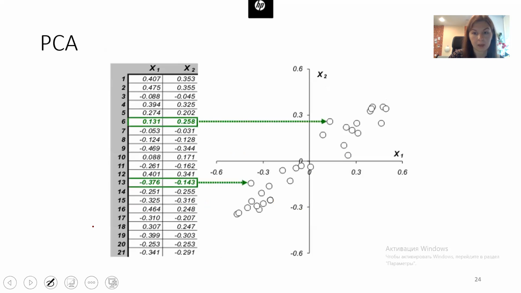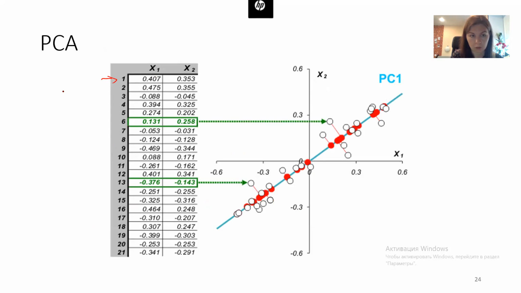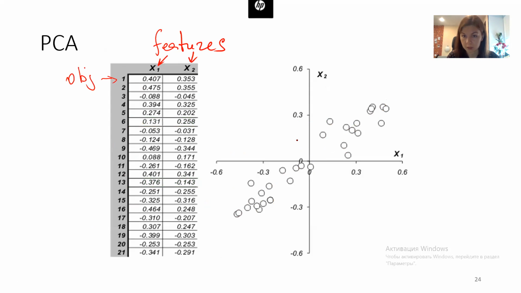And actually, some visualization. So you have your dataset where 1, 2, 3 is the number of observations. So you have objects in the rows, and here you have features. So these are your original parameters.